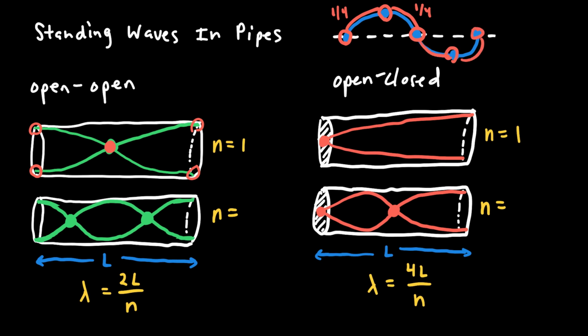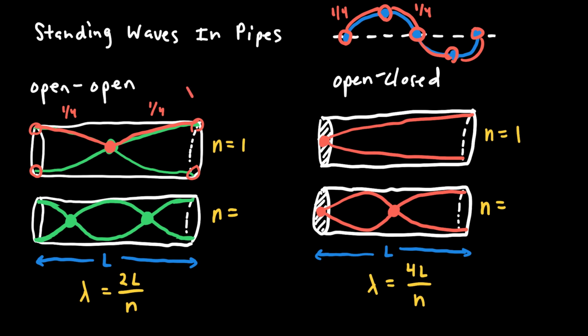So every time something goes from maximum displacement to equilibrium, that's 1/4. And so what I notice for this first top left picture for the open pipe is that it goes all the way from equilibrium to the maximum amplitude, all the way from equilibrium to the maximum amplitude. Each one of those is 1/4 of the overall wavelength.